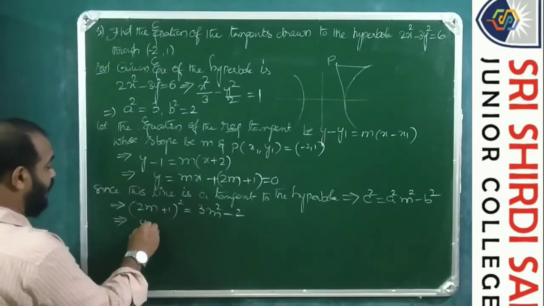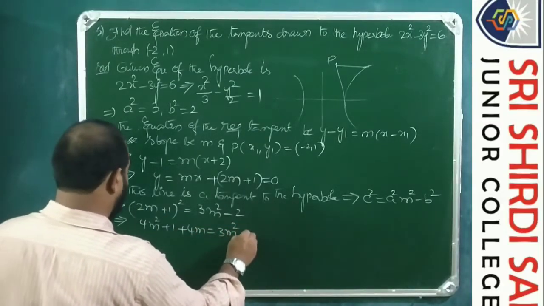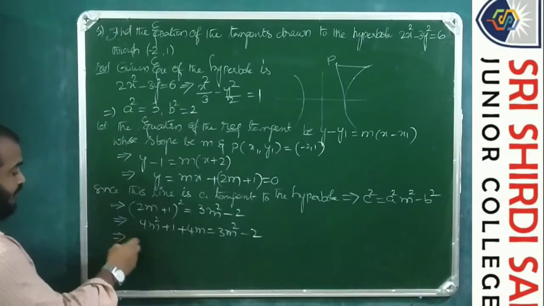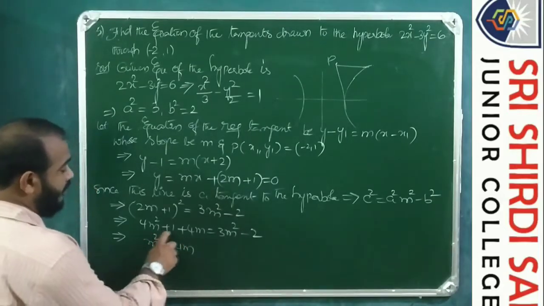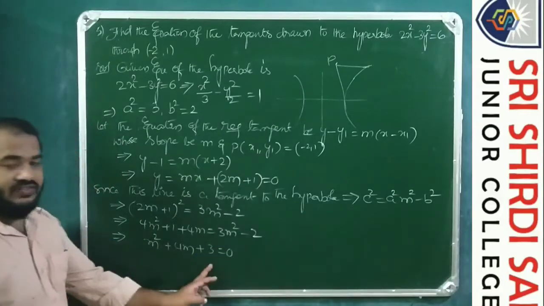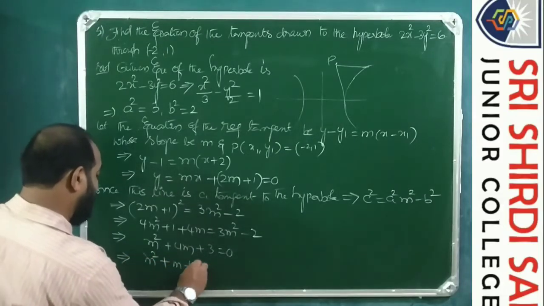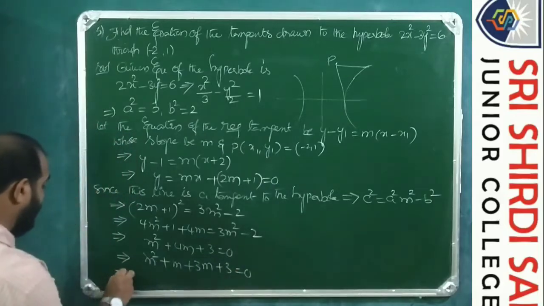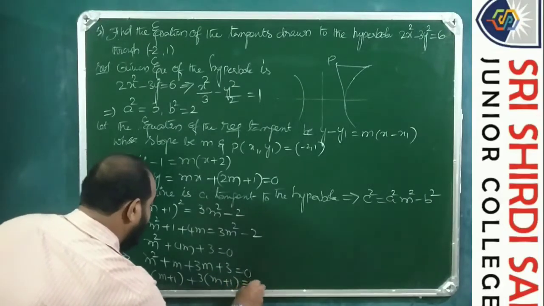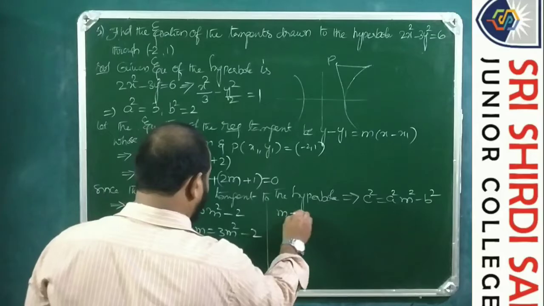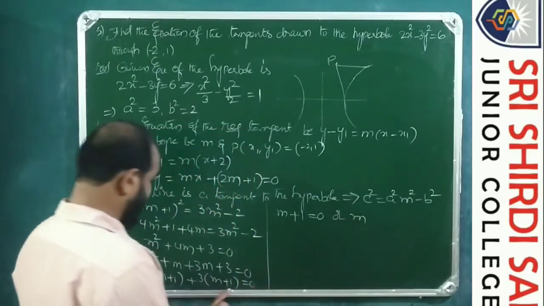This gives 4m² + 1 + 4m = 3m² − 2. So this implies 4m² − 3m² is m², plus 4m, 1 + 2 is 3, equals 0. So m² + 4m + 3 = 0, that is m² + m + 3m + 3 = 0. This implies m(m + 1) + 3(m + 1) = 0.